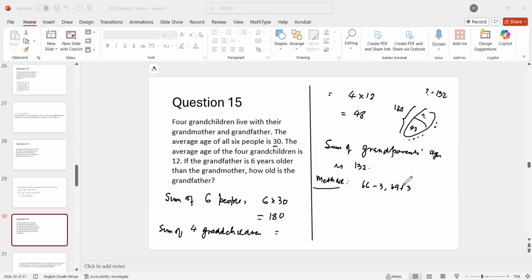Yeah, so the grandfather is older. So the answer is 69. This is the grandfather's age.